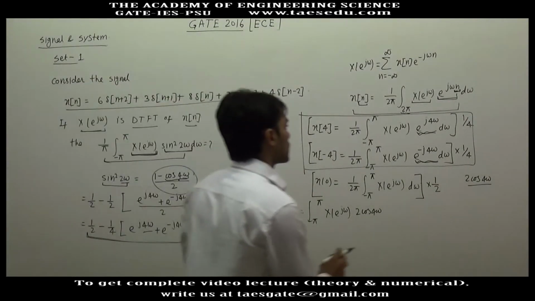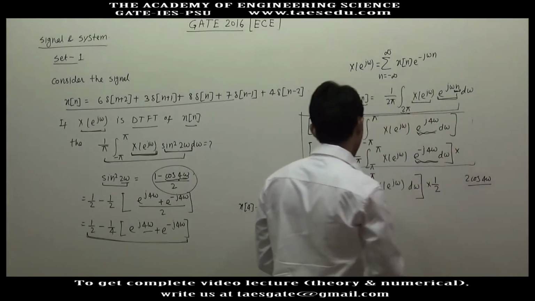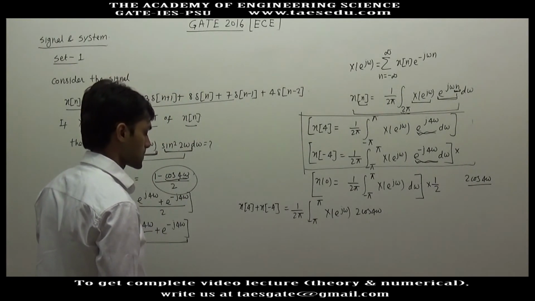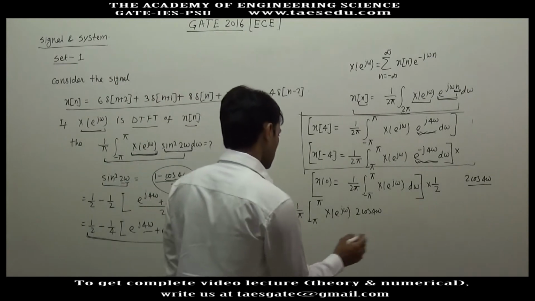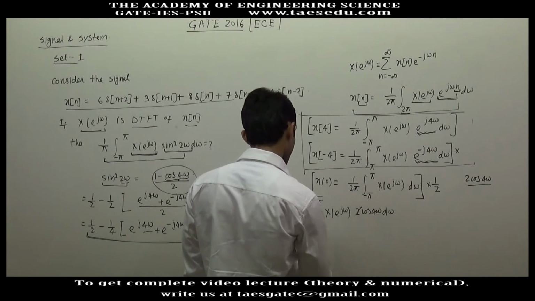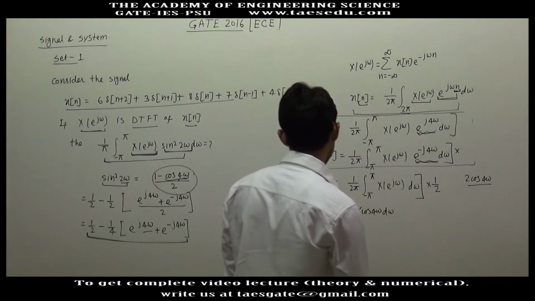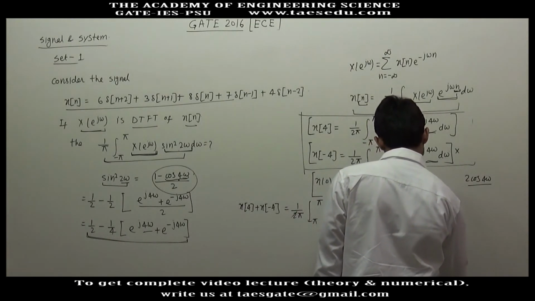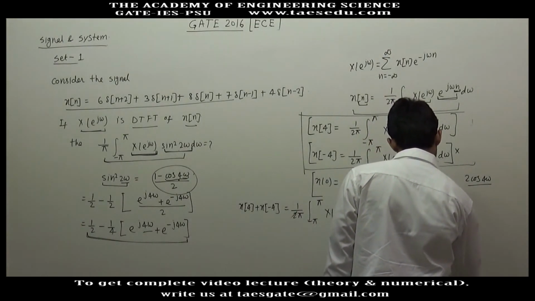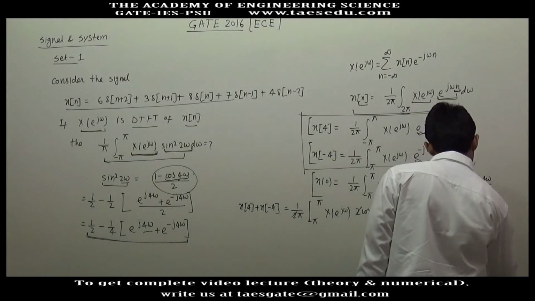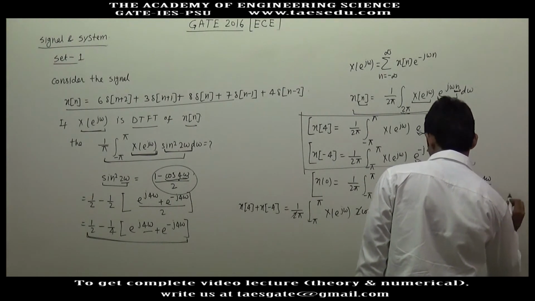Let us not multiply with 1 by 4, just add these two terms. So here this 2 and this 2 will be cancelled. Then we get 1 upon pi integral from minus pi to pi of x e to power j omega cos 4 omega d omega.